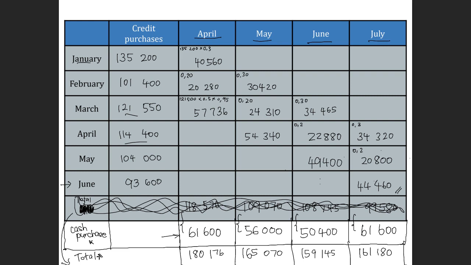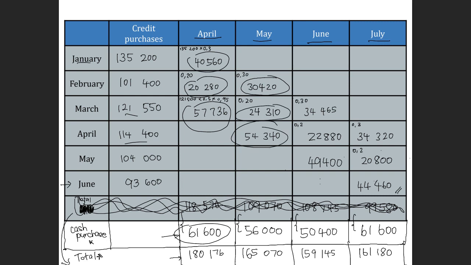Then you'll just total that up. So you'll add all these figures at the top as well as the 61,600, and that would have given you the 180,176. The same for the next column, it would have been all these.